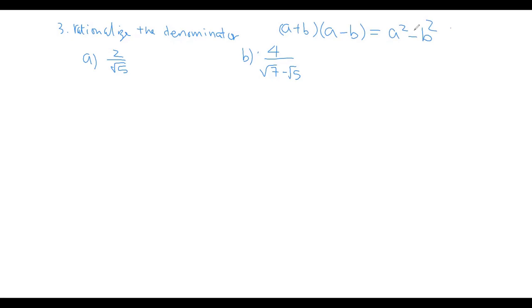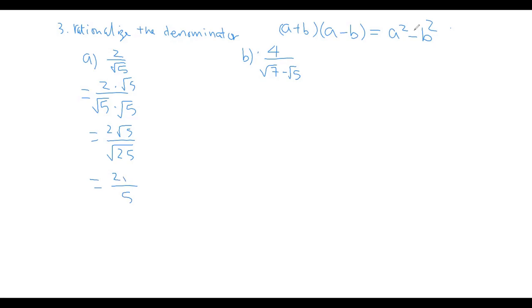And the first one, there's only one term in the denominator. So you can just multiply by itself. Radical 5, radical 5. So the top is 2 radical 5, and the bottom is square root of 25. And we know it is 5, right?